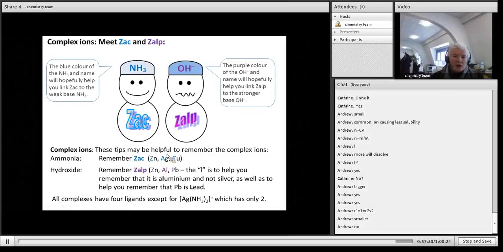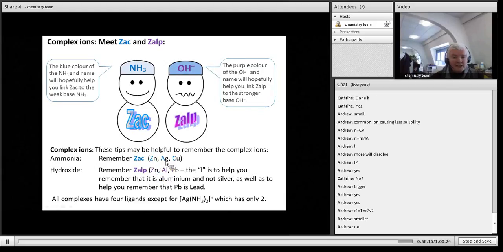Now, ammonia forms complex ions with zinc, silver, and copper. That's where the Zach comes from. And I've made Zach blue because ammonia, I hope you know, is not as strong a base as hydroxide. Zelp, he is for complex ions with hydroxide. So zinc, remember zinc fits in both, forms 2 lots of complex ions.